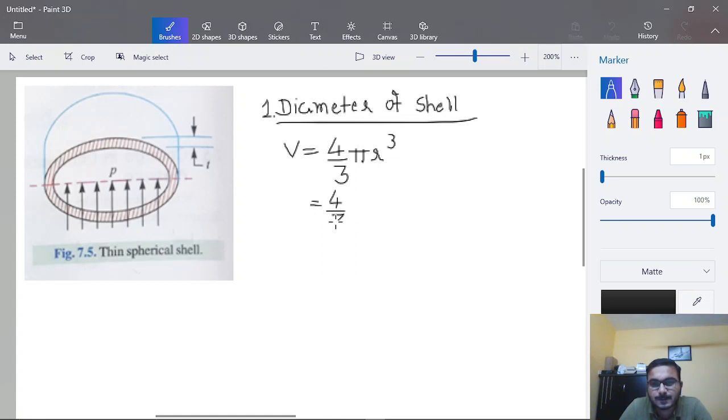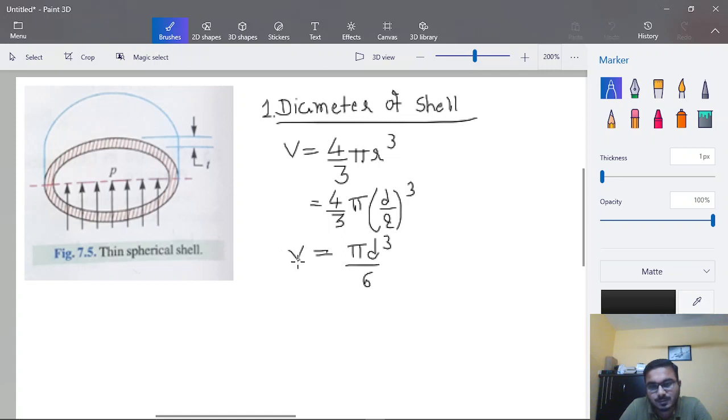4 by 3 pi, d by 2 cube. So here we will get pi d cube divided by 6.